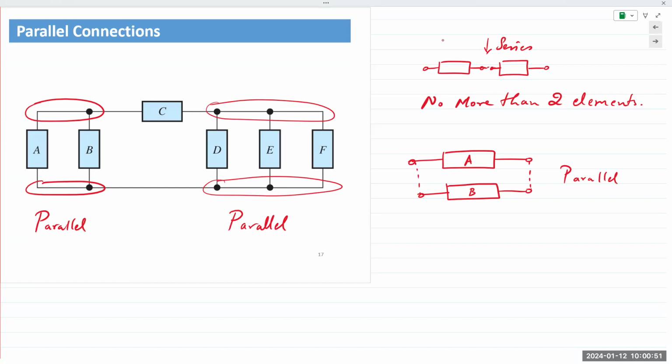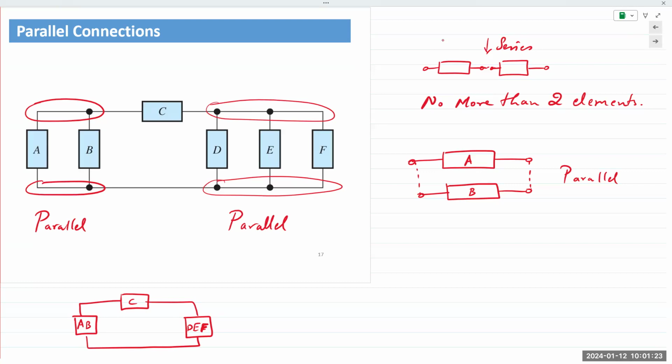If you combine A and B together and make it as if it's AB, and you combine D, E, F together, now element AB is connected by one terminal to C, and DEF is also connected by one terminal to C. And here at the bottom, A, B are connected to DEF by just one terminal each.